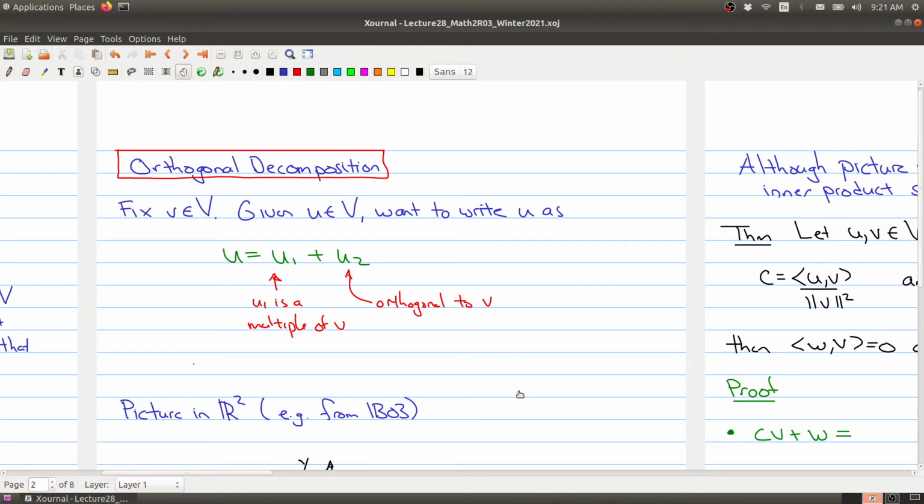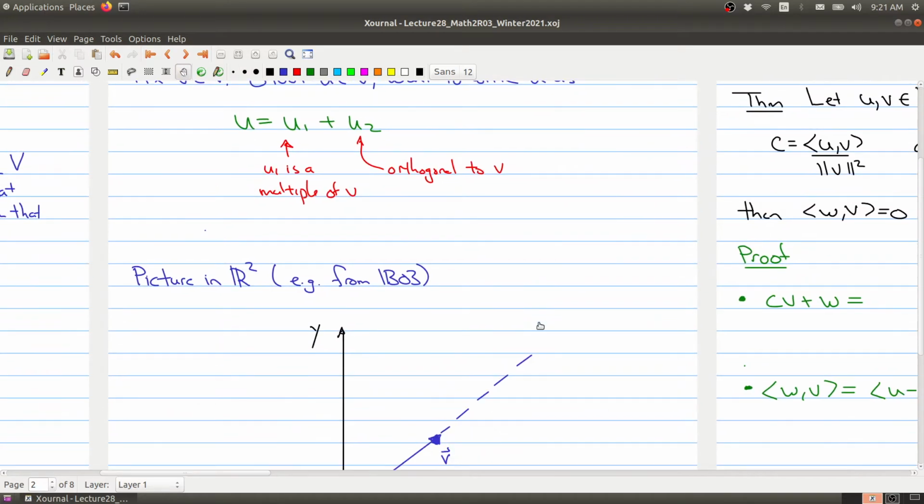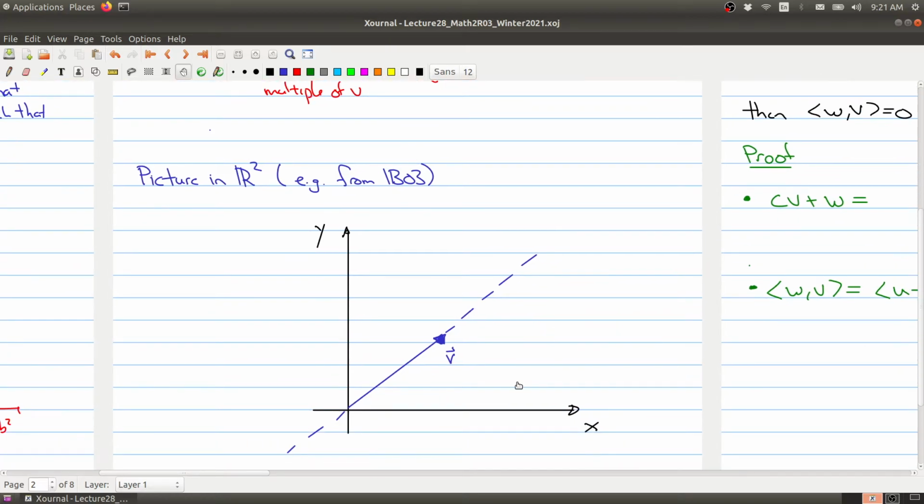This is the picture you might be familiar with in Math 1B03. It's a picture of R2, but it's going to guide us to trying to generalize what we did in first year linear algebra. So you're fixing a vector v, and the dotted blue line is the set of all multiples of v.